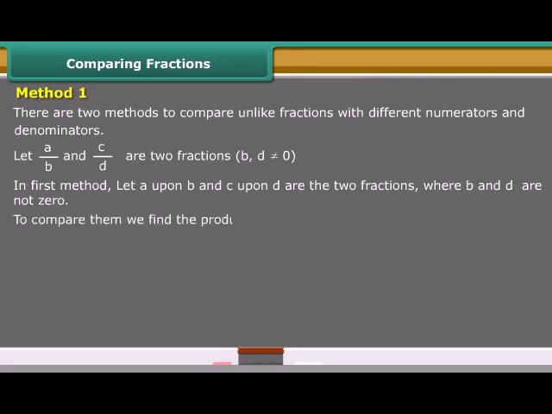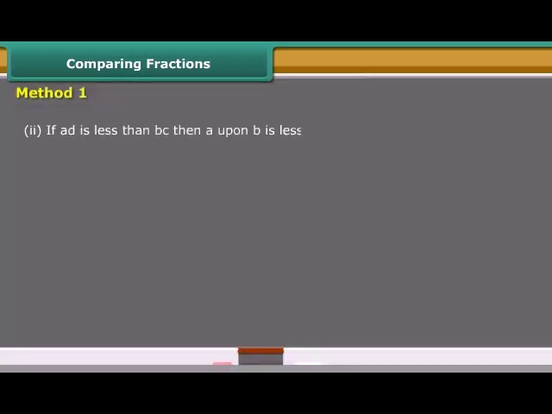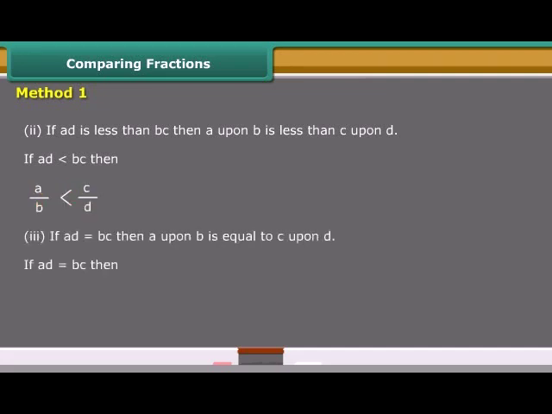To compare them, we find the products AD and BC. 1. If AD is greater than BC, then A upon B is greater than C upon D. 2. If AD is less than BC, then A upon B is less than C upon D. 3. If AD is equal to BC, then A upon B is equal to C upon D.